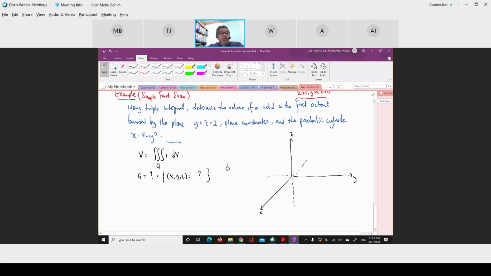What else? The region is bounded by the plane y plus z equals 2.